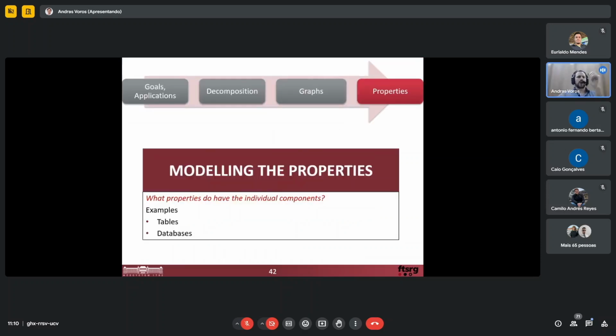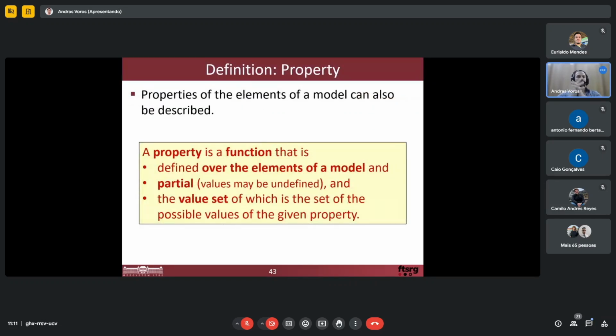So we have to talk about how to model the properties in structural models, and what properties the individual components have. So, the definition of property. We can model properties and describe properties.